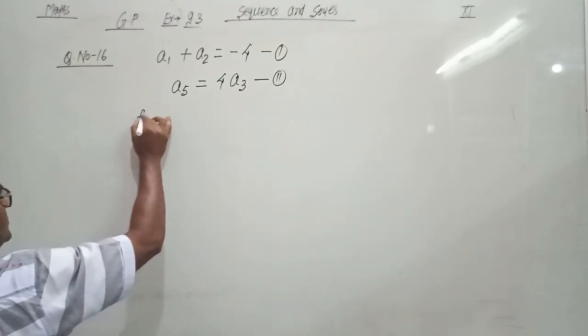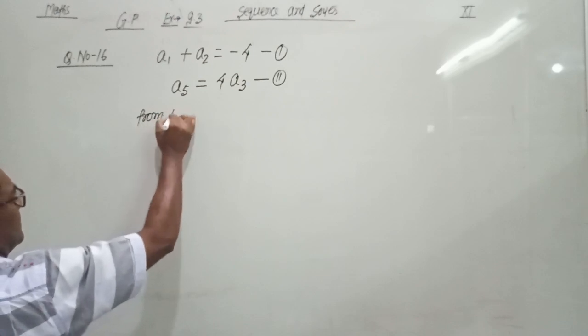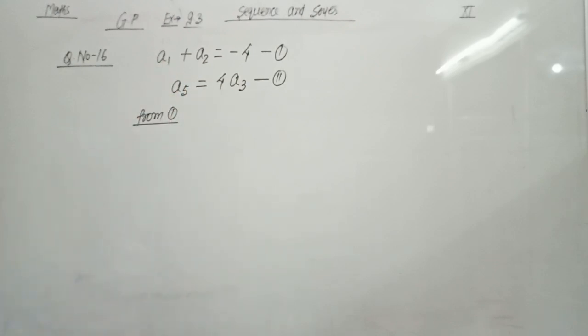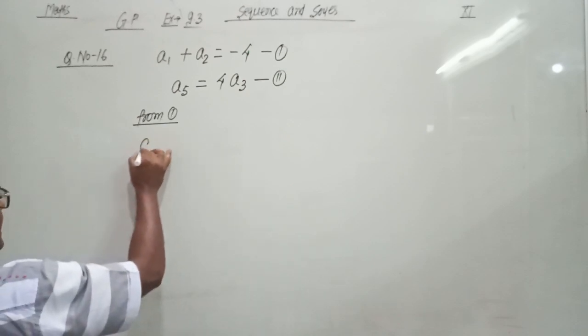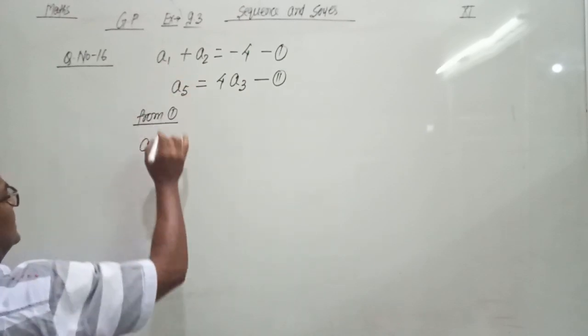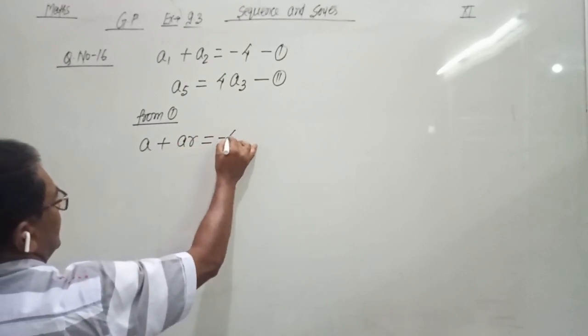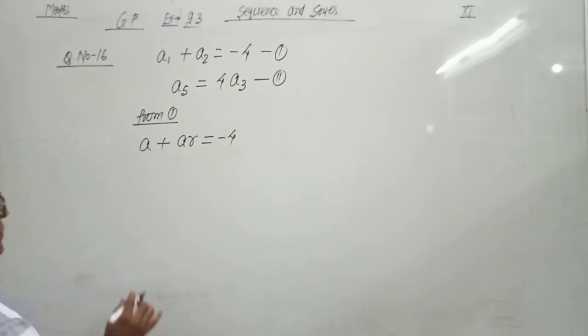So from the first, the first term of the GP is given by A, and the second term of the GP is given by AR. So A plus AR equals -4.